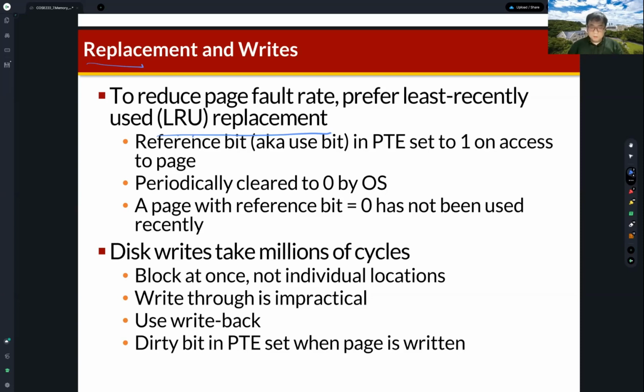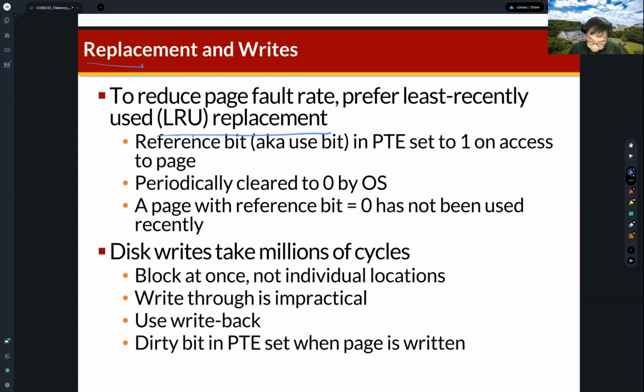Because in a virtual memory system we just use the physical memory like a cache, when a page is replaced, we also employ the LRU replacement policy, right?